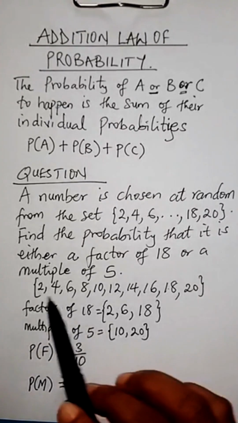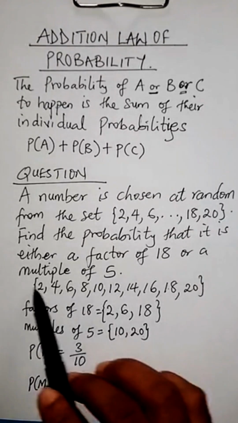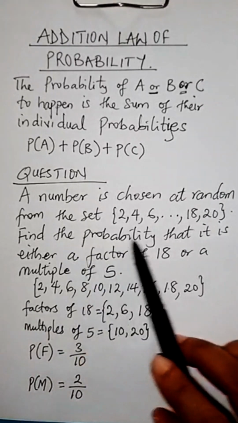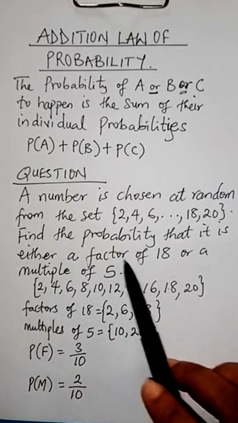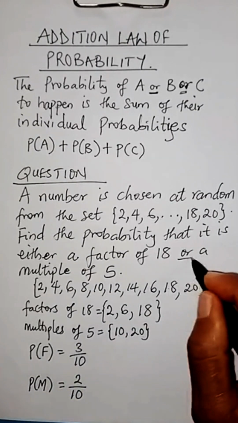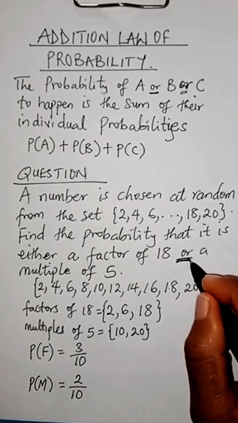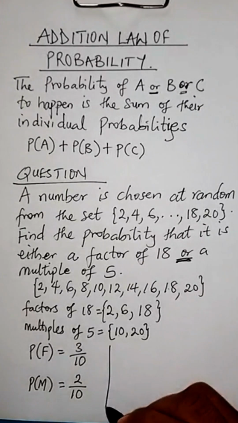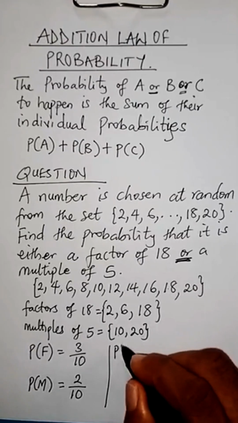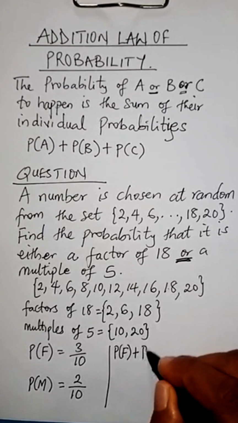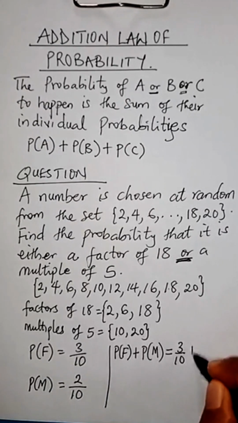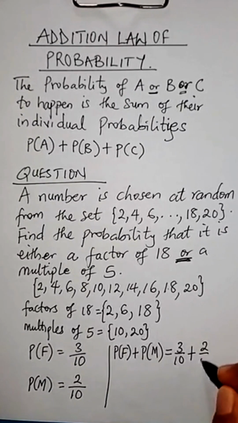Then the possible outcomes are the number of elements you have in the set, counted above, and that's 10. And the question says, find the probability that it is either a factor of 18 or, so remember this word, or. Because of this word or, we're using the addition law of probability to express them. So this will be P of F plus P of M, which gives you 3 out of 10 plus 2 out of 10.